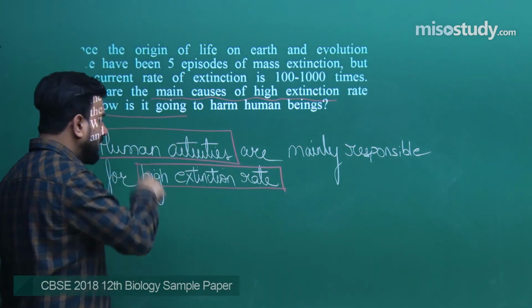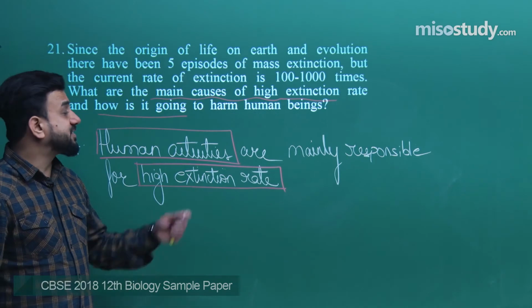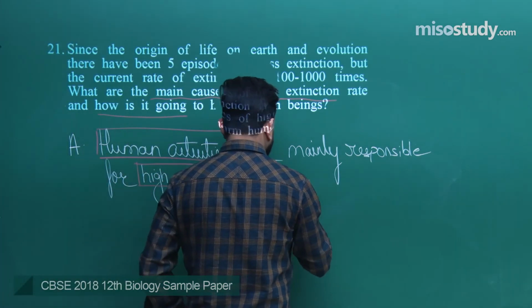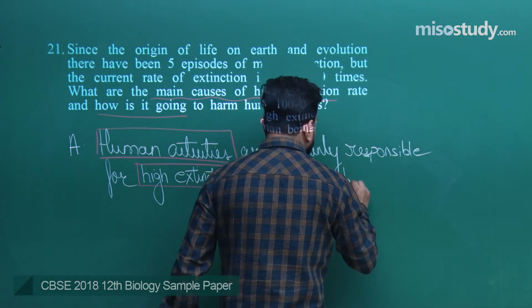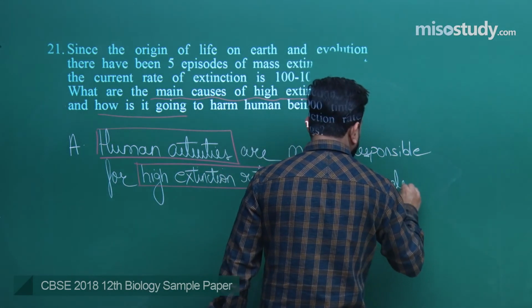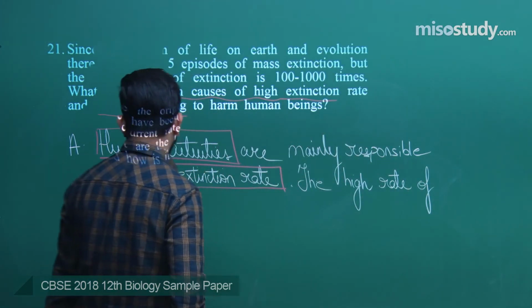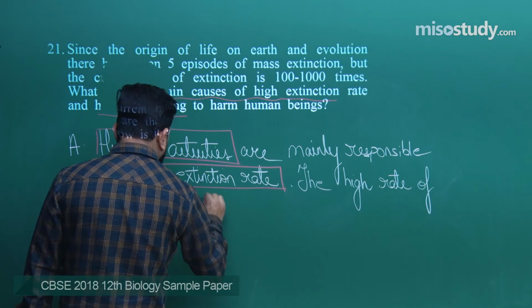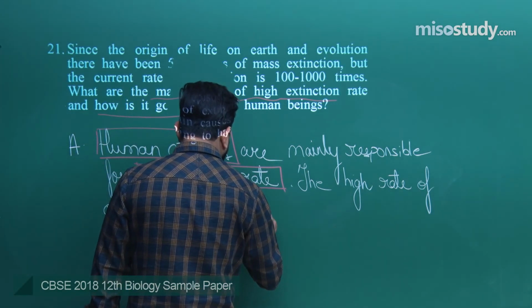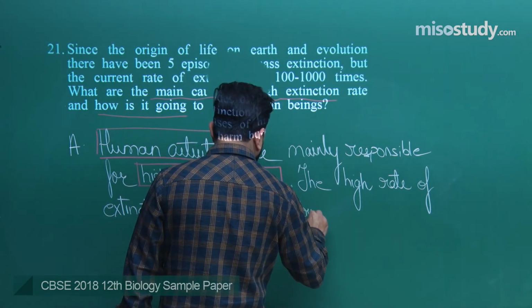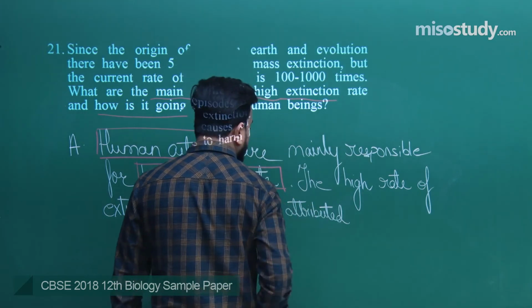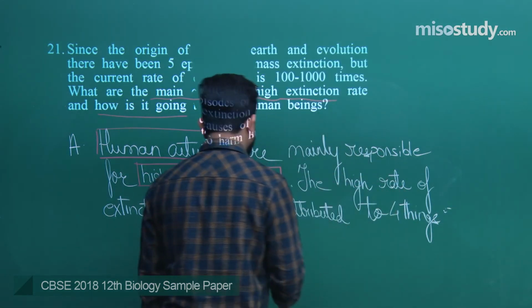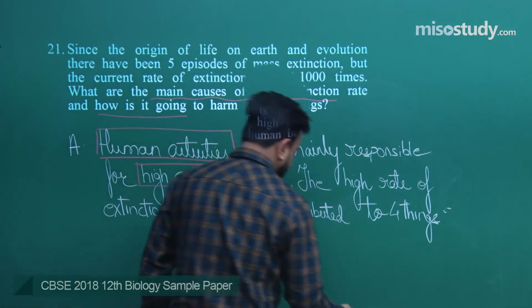Okay, this is the main thing. The high rate of extinction can be mainly attributed to 4 things, called the evil quartet.